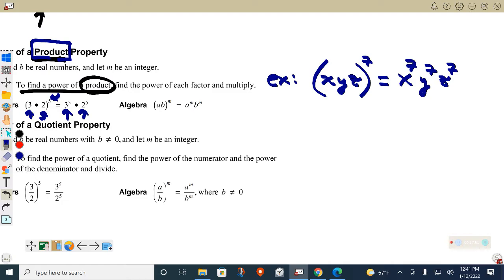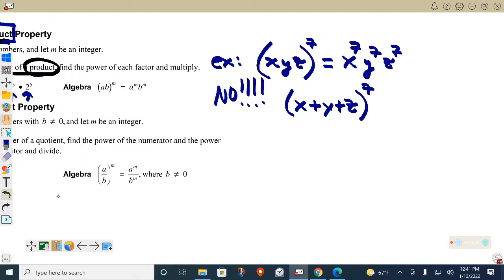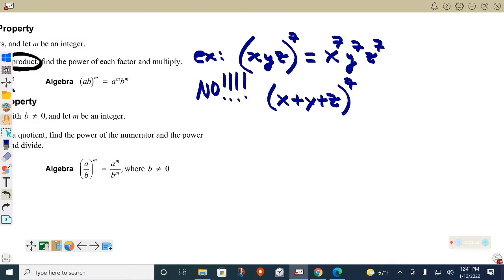But let me give you a little bit of rocket science. This does not work. Put a big fat no with like 3 exclamation points, actually more. x plus y plus z to the 7th power. The temptation for all students is to say, oh, no problem, I learned this in Mungia's class, just take everything to the 7th.